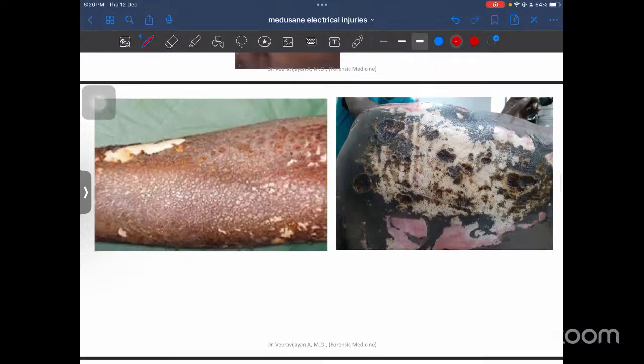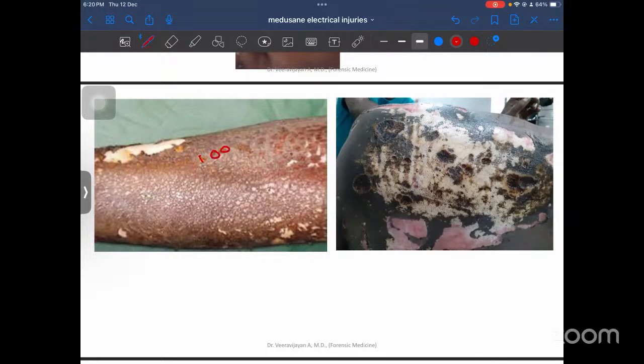See, this flash or spark will produce multiple punctate areas. This heat will liquefy the keratin. Upon cooling, this liquefied keratin will solidify and produce punched out lesions in varying sizes. This is an example of exogenous spark burn.